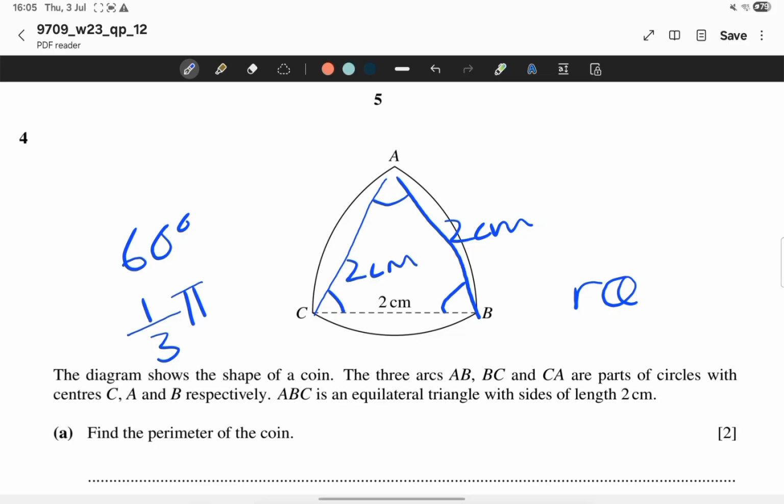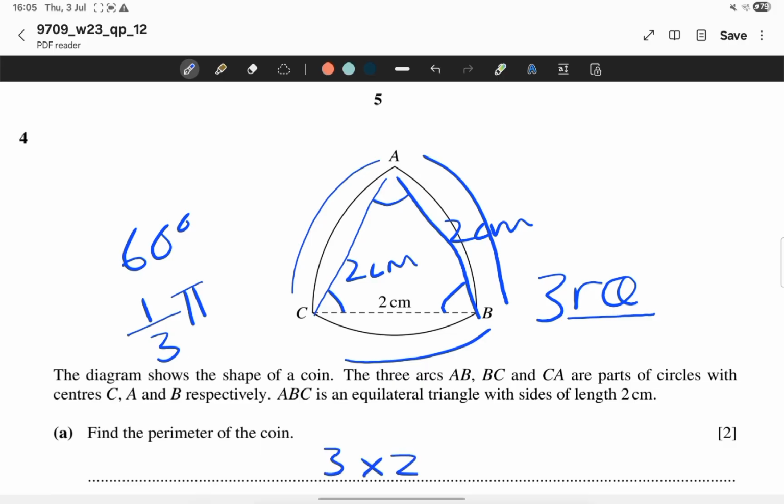So the perimeter of the coin, we're going to say r theta for this arc, r theta for this one, and r theta for that, which is pretty much the same. So we can say 3r theta, right? So that will be 3 times r, which is 2, times the theta, which is a third pi.